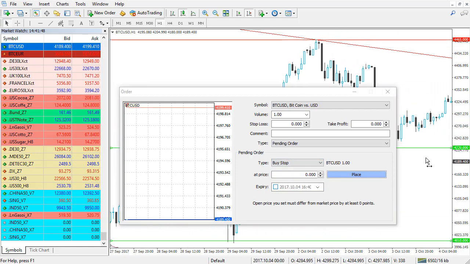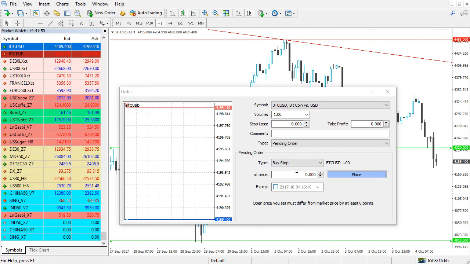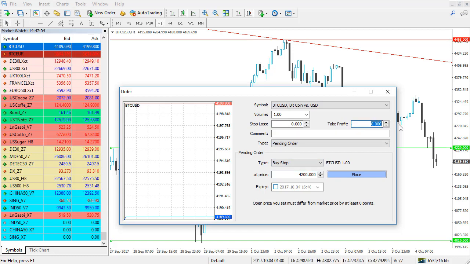This means that you need to place a higher price than the current one. So at least I need to enter here 4200. You select the volume, stop loss we do not use in this system, and take profit we have at $210 higher, so it would be $4,410.